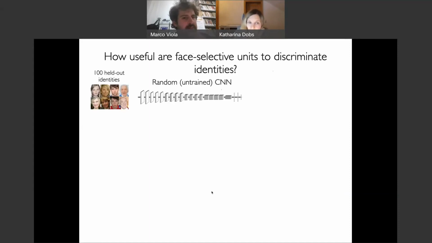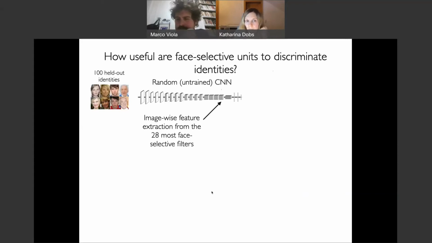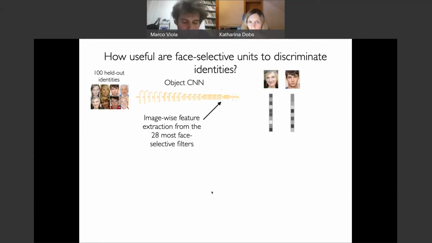We showed them to the random untrained CNN and extracted the features from these 28 most face selective, or significantly selective, filters for each of those images. Then we also showed them to the object and the face CNN, and again used the 28 most face selective filters. So in each of the cases, we used the same number of face selective filters, always 28, which was limited by the random CNN, which had the fewest.